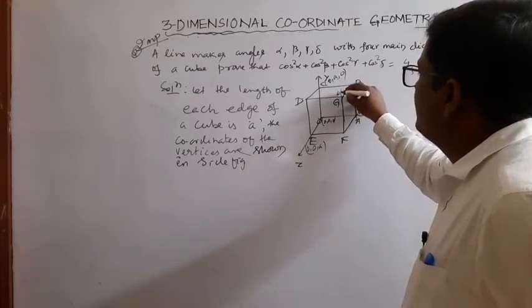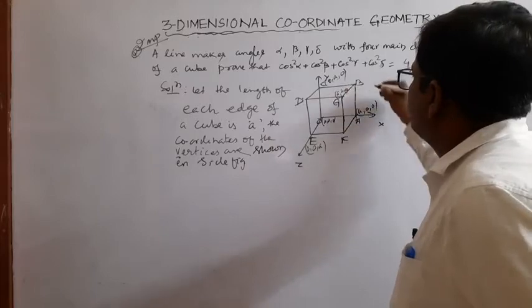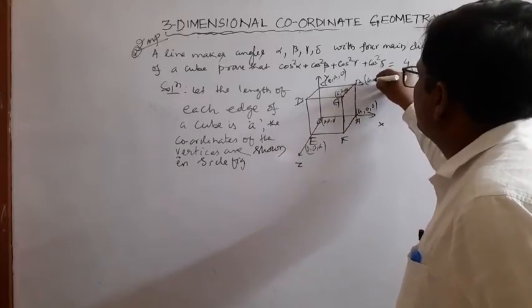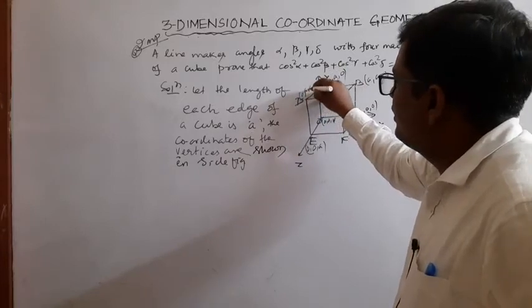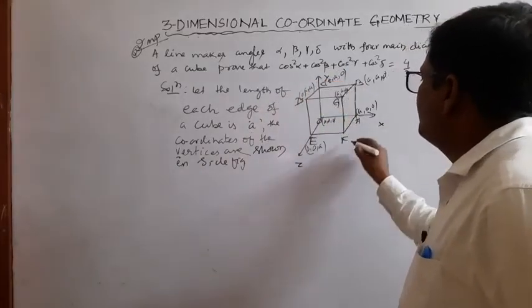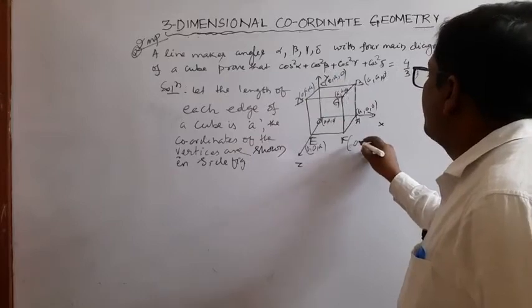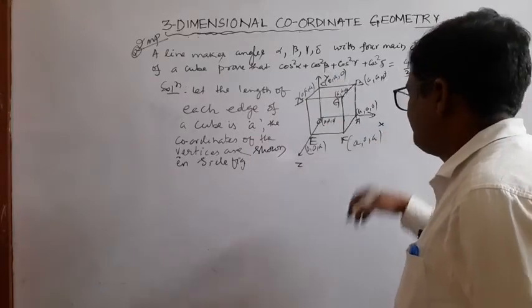This is the xy plane, this is the yz plane, and this is the xz plane, so this is A 0 A.